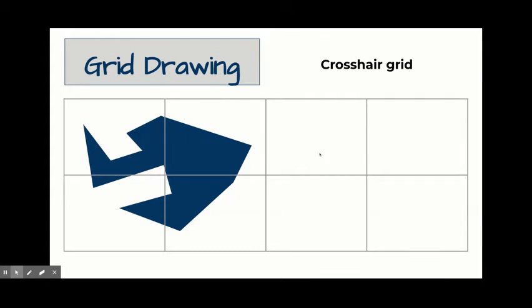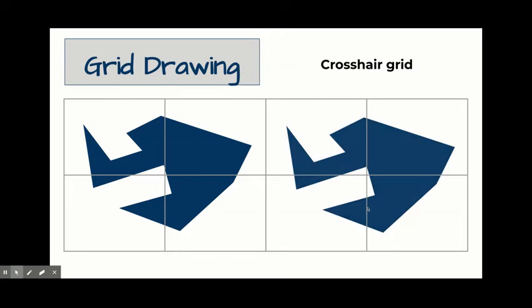The benefit of the quadrants is that they kind of help you locate where lines are, because the lines cross over the crosshairs. So you can use the crosshairs to help you locate lines, and then the overall square helps you figure out where things belong within it so that you can recreate the shape.